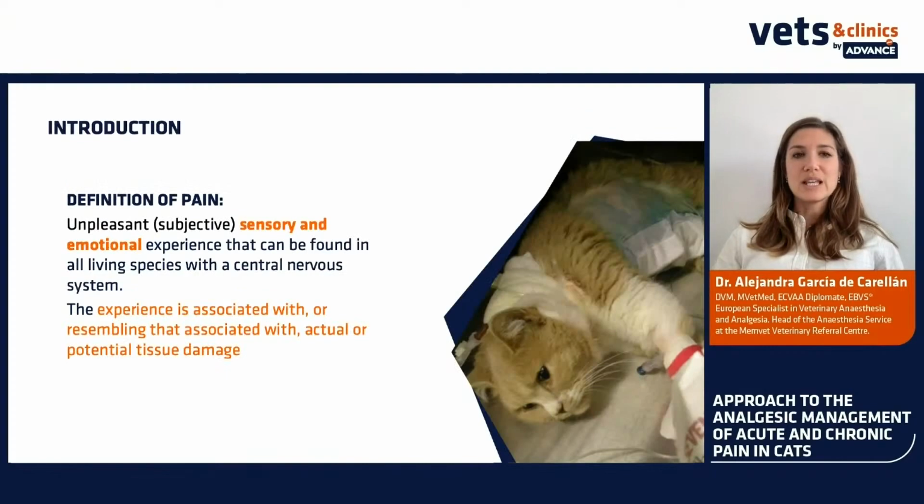The first thing that we are going to define is pain. Pain is an unpleasant, subjective, sensory and emotional experience that can be found in any living species with a central nervous system. This experience is associated with, or resembling what is associated with, actual pain or tissue damage.